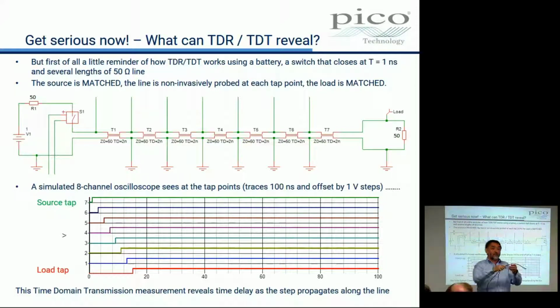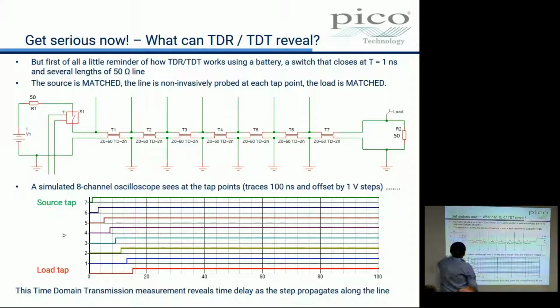But yeah, you could use PicoVNA probes, couldn't you? They're low invasive probes. I could put 8 PicoVNA probes along here and stick it into a scope, an 8-channel scope with reasonable bandwidth. And at this end I've got a 1-volt battery, a 50 ohm resistor and a switch. And at this end a 50 ohm resistor, and that's 50 ohm cable.